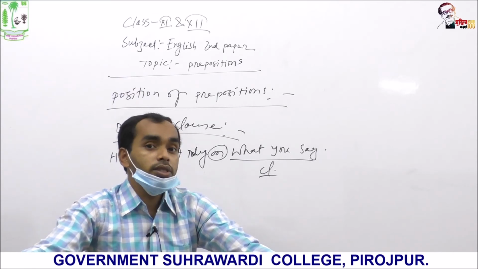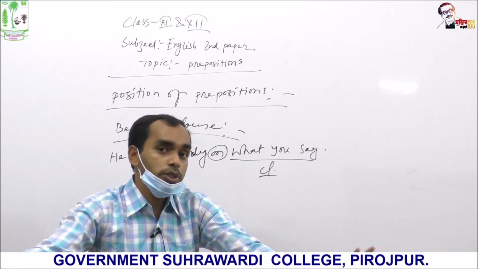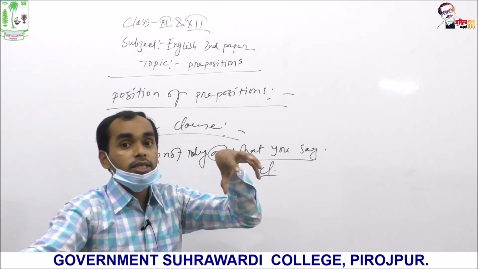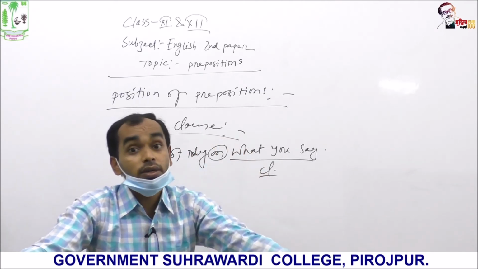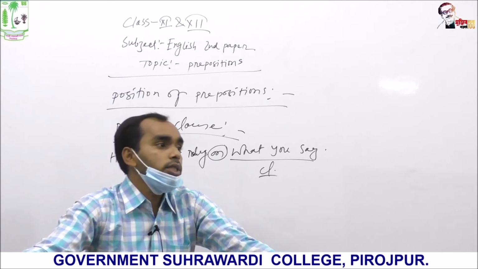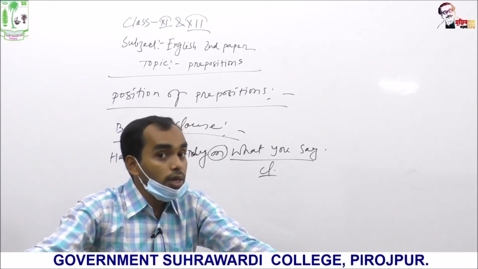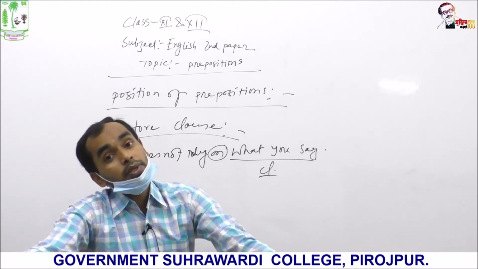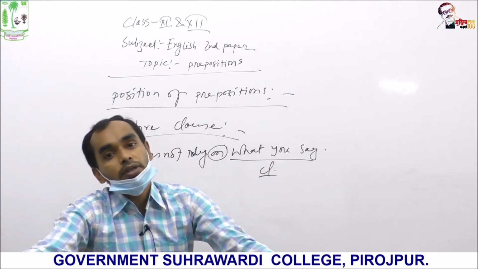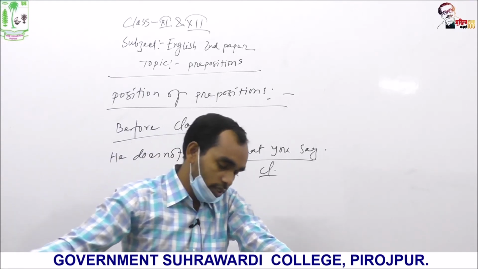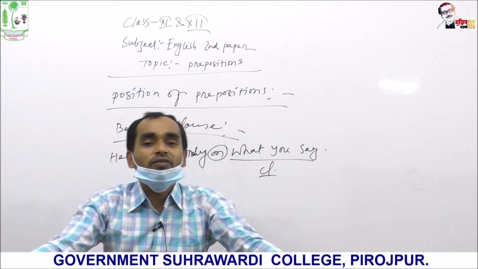A phrase is a group of words which is used in a sentence as a certain part of speech, whereas a clause is a part of a larger sentence having a subject and a finite verb. That means in a phrase there is no finite verb.